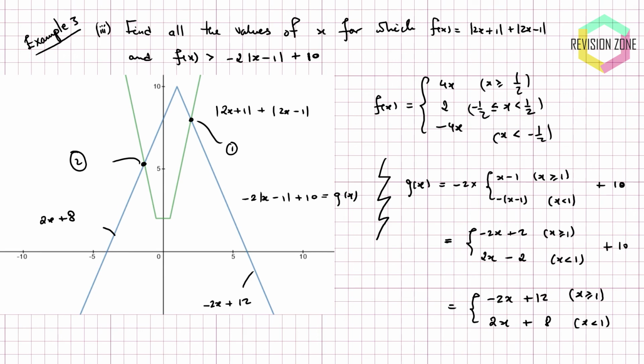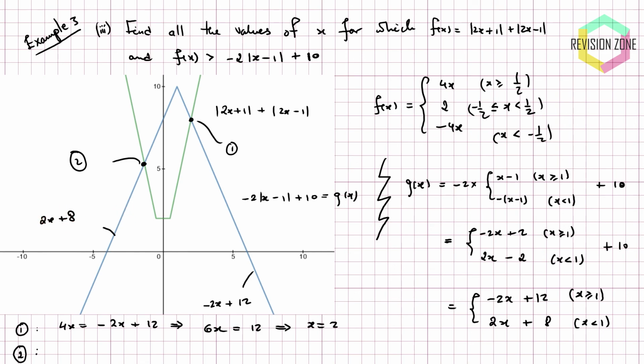Now we can solve for the first point by setting 4x equal to this part here. So 4x equals minus 2x plus 12, which tells me that 6x is 12, which tells me x equals 2. Then we solve for the x value of the second point by setting this branch, which is minus 4x, equal to this branch, which is 2x plus 8.